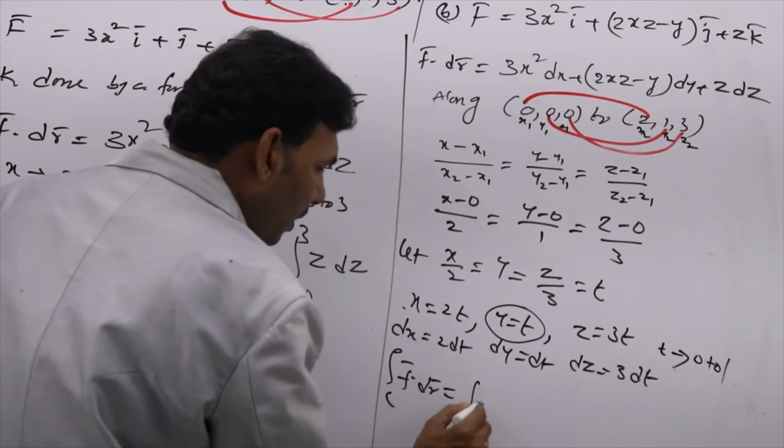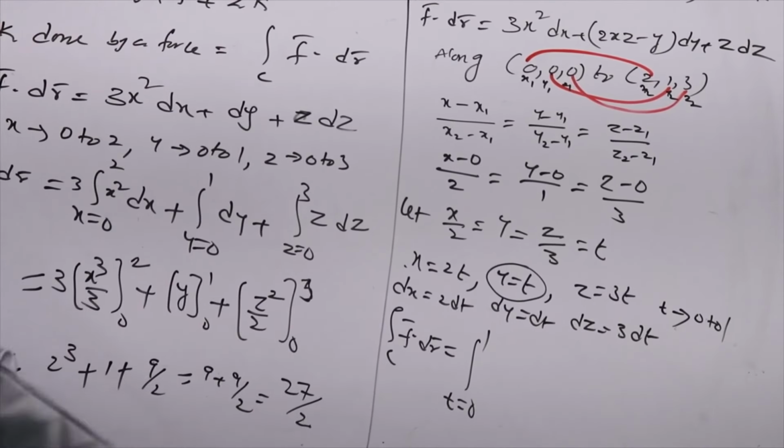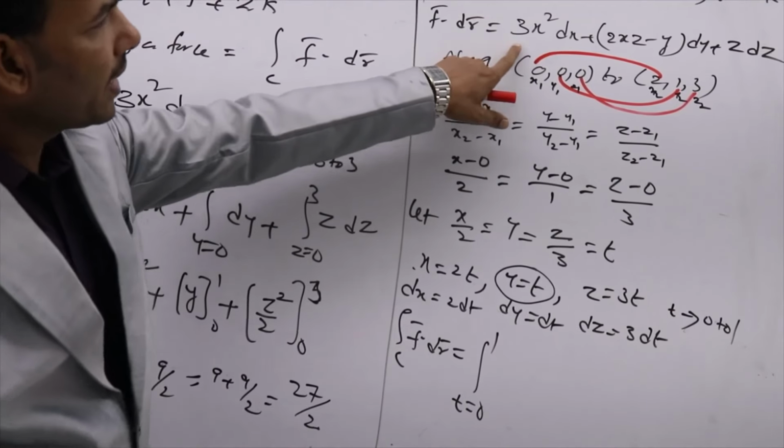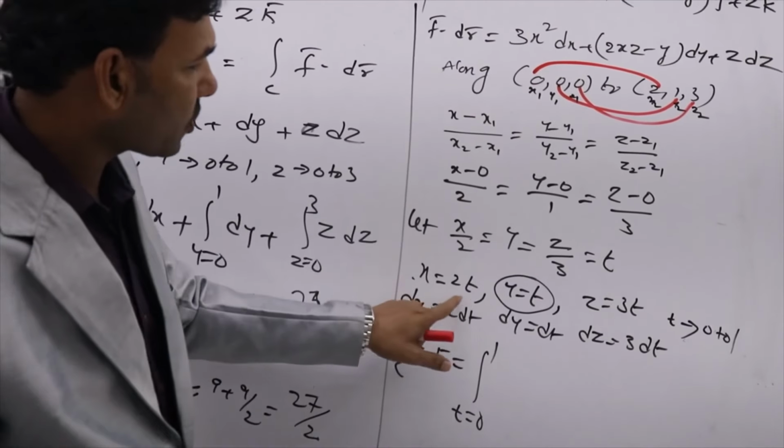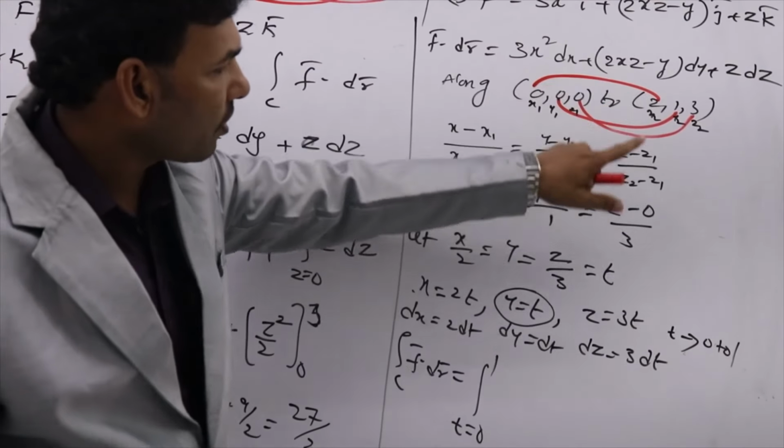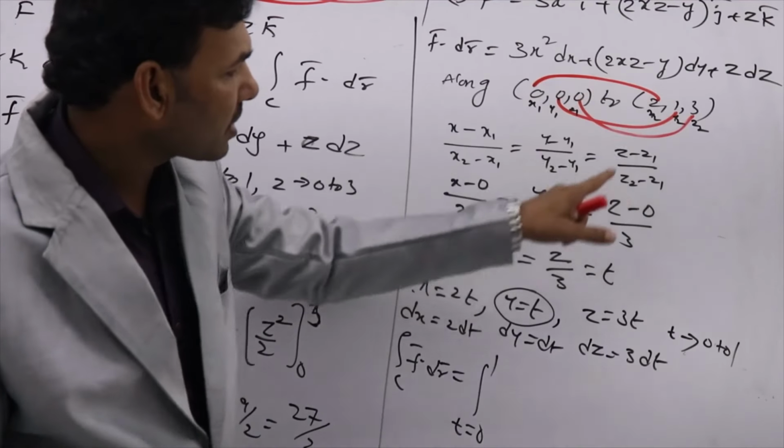Integral t equal to 0 to 1 f bar dot dr bar. Here very clear, write in the place of x 2t, write in the place of z 3t, write in the place of y t.